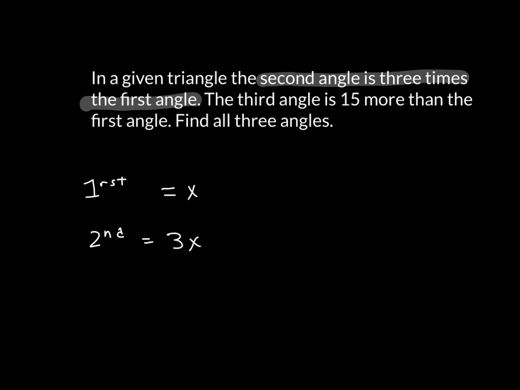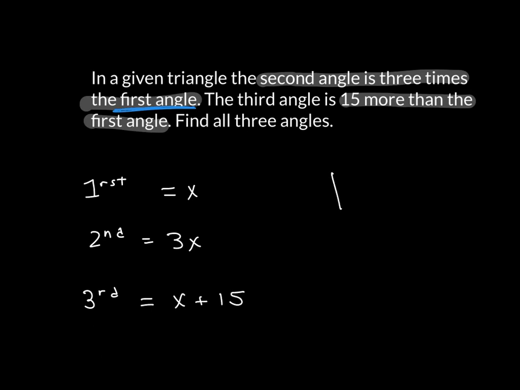So it's really important that you understand that whenever you see that idea of the first angle embedded inside there, that tells you both what the first angle is and the second angle. Now, the last one that we have is the third angle. The third angle is equal to 15 more than the first. So that just gives me x plus 15.